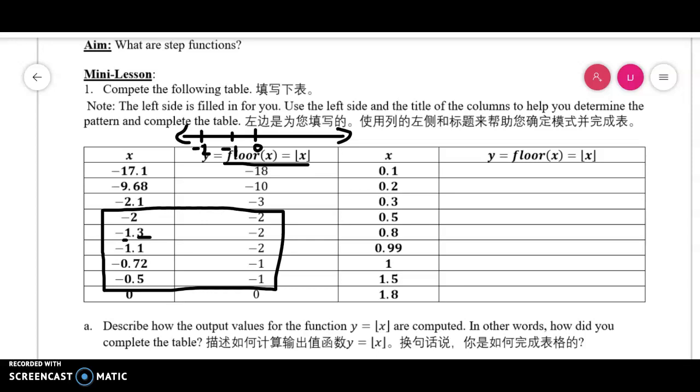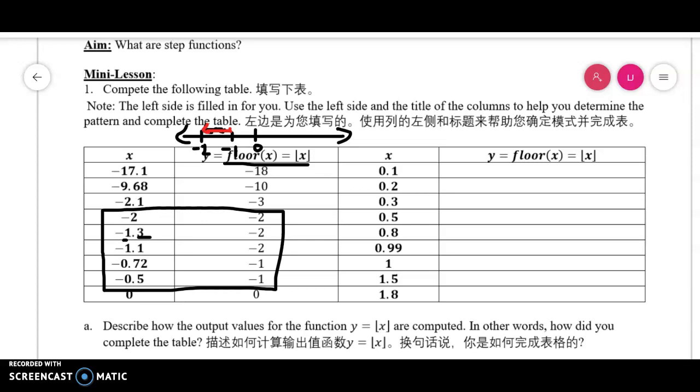So negative 1.3 is right here. The next closest integer below it is negative 2. Similar with negative 1.1. Negative 1.1 is right here, and the next closest integer below it is negative 2. That's why it's called a floor function, because it's the closest integer below, just like the floor is below you.